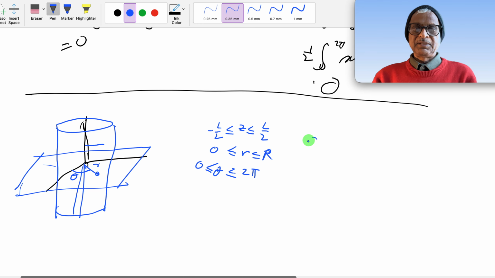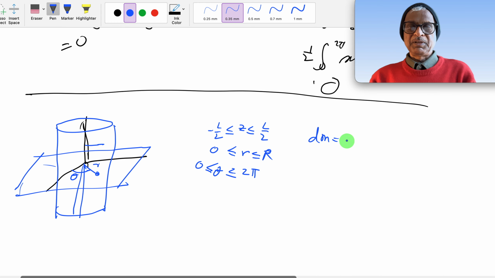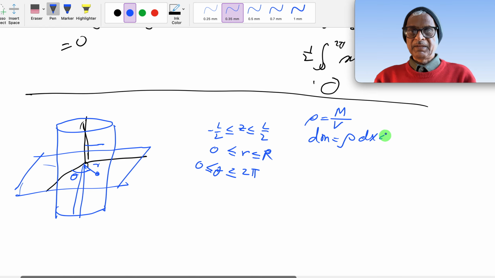And dm will become the volume density, and the volume density is mass over the volume, and the dx dy dz will be replaced by the polar coordinates. This will be polar and this remains, okay?